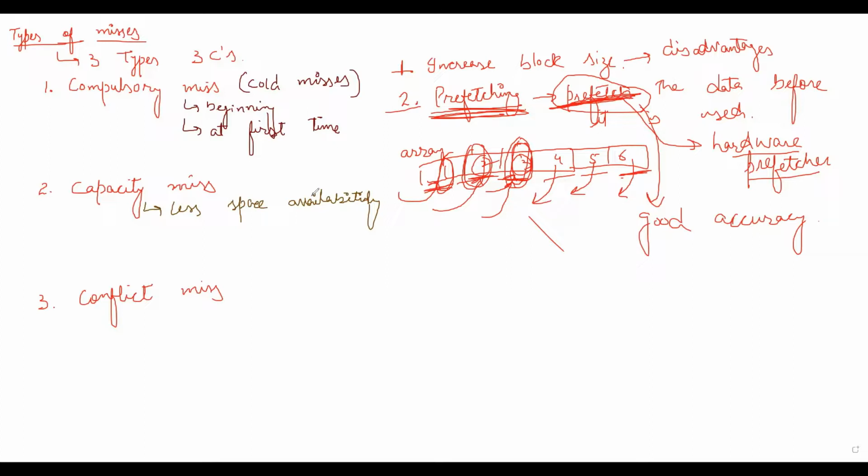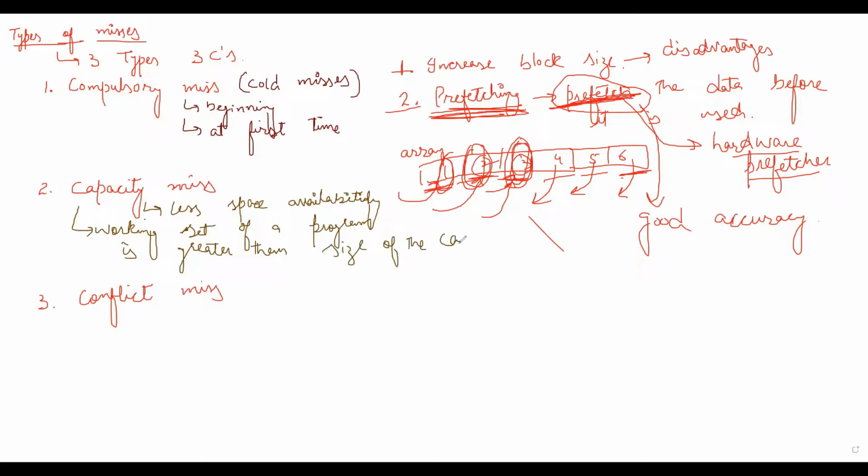So there will be a miss and I will have to replace a block in the cache. Remember, a capacity miss will occur when the working set of a program is greater than the size of the cache.